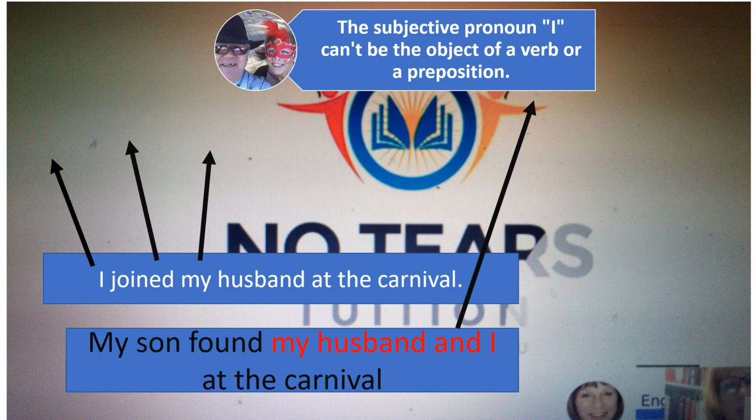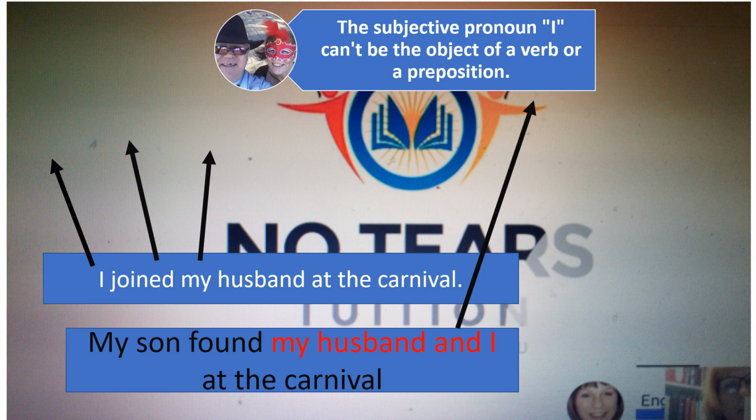My son found my husband and I at the carnival. Remember, the pronoun I can't be the object of the verb. And if we look here, the verb is found. And if you remember your simple sentence structure, subject, verb, object, now I has been placed after the verb and it's incorrect.